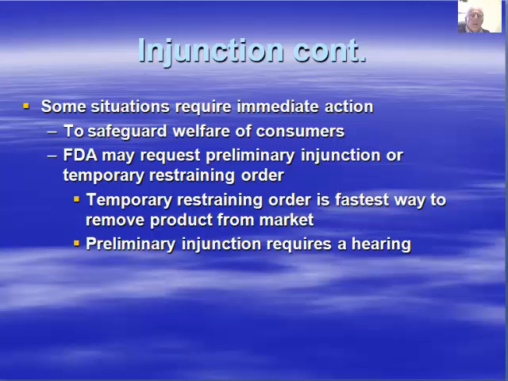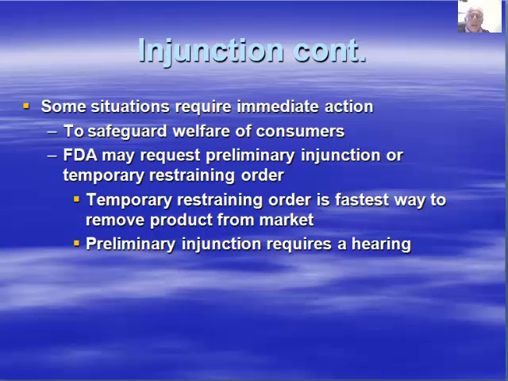In some instances, it requires immediate action, and that's to safeguard the welfare of you as the consumer. And in these instances, the FDA may actually request a preliminary injunction or a temporary restraining order. If you want to get the product held the quickest, a temporary restraining order is the fastest way to remove that product from the marketplace or prevent it from entering the marketplace.